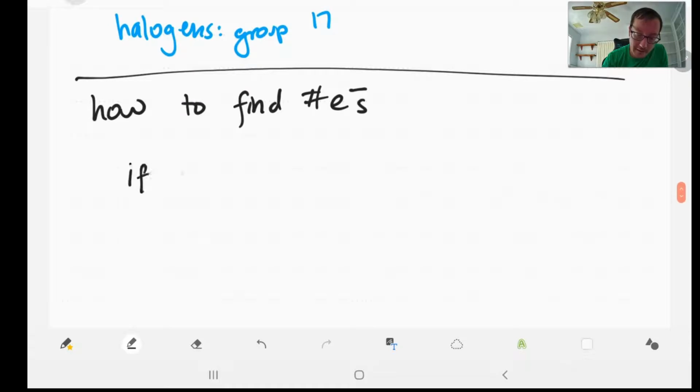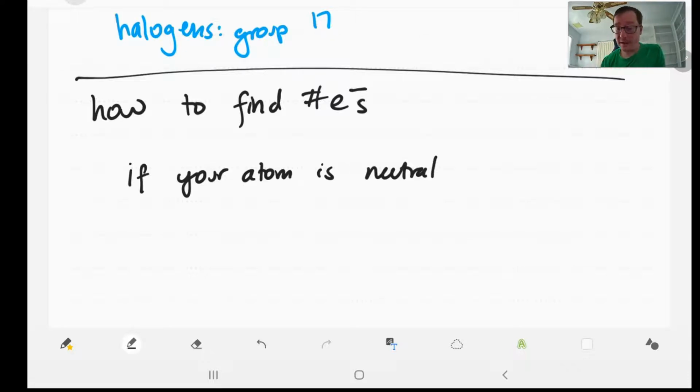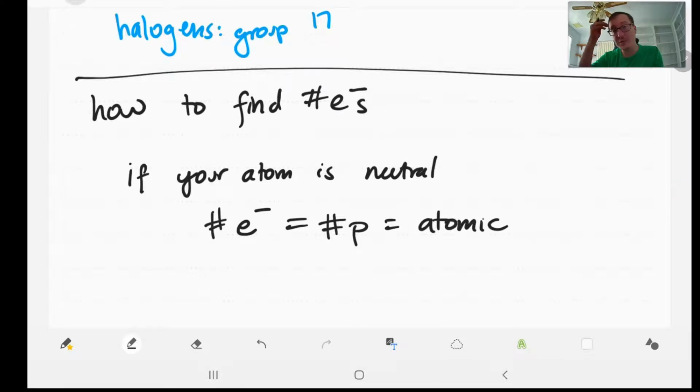Normally, if your atom is neutral, for whatever atom it is, your number of electrons will equal your number of protons. So whatever your atomic number is, you'll have that many electrons if you're a neutral atom. And so it just depends.